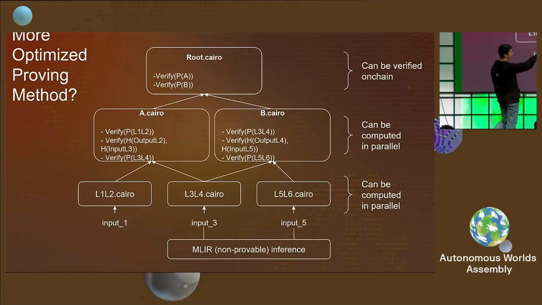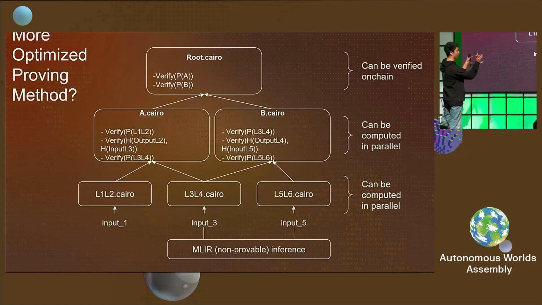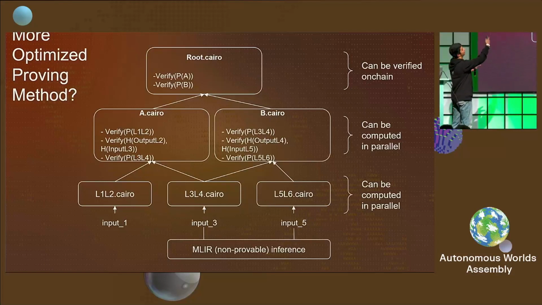We also do the same operation for L3 and L4 and L5. And then using the input and the output of these layers, as well as, as you can see here, the verification of the proofs, we create a different proof. So this looks a bit complex.